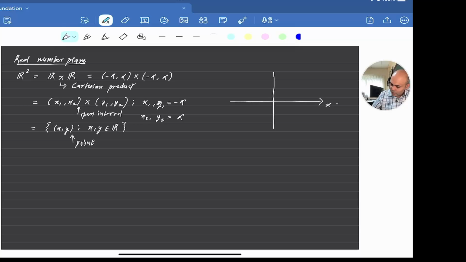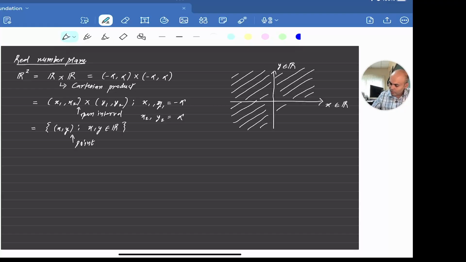X is a real number line and y is another real number line, and R2 includes all points in this plane, so we just shade all points like this, which means that we're including all points in this two-dimensional space. Okay, this is our R2.